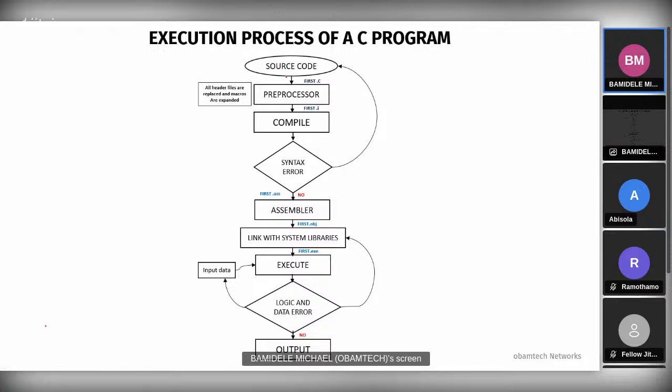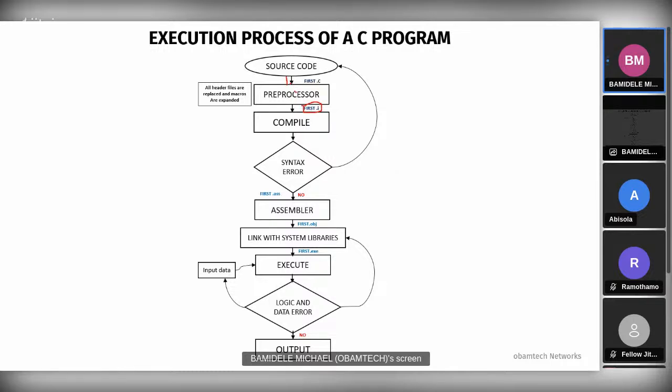It goes down and enters the preprocessor. Some operations are performed on it as the compiler runs on first.c, and an output is generated. Let's assume that output is first.i.